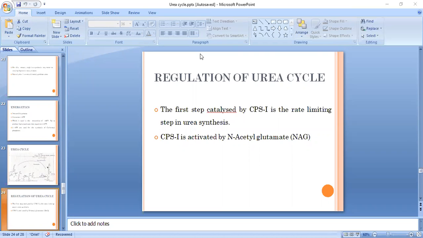So the first step catalyzed by CPS1 is the rate limiting step in urea synthesis. And this CPS1 is activated by N-acetyl glutamate, that is nothing but NAG. That means for its activity it requires NAG.